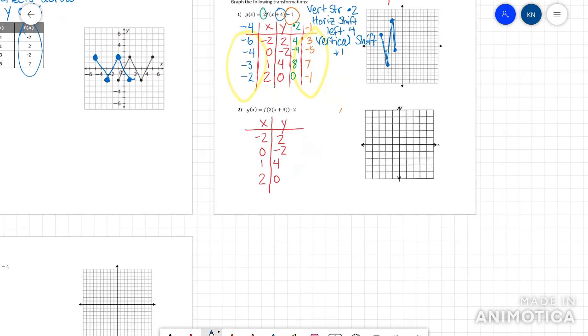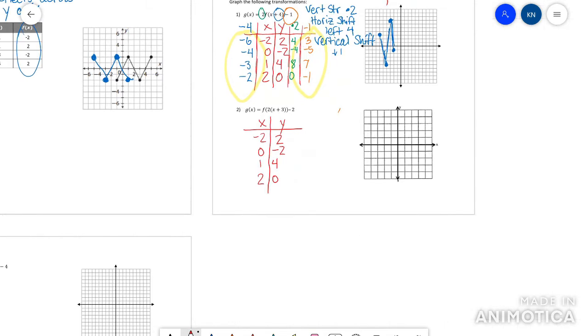Okay, now this second one, I'm still using the same parent function coordinates as before, and now I need to apply my transformations. Well, I've got 3 of them. There's one here, there's one here, and there's one here. So let's go ahead and name them first. Sorry, this 2 in front is not vertical at all. I'm getting ahead of myself.